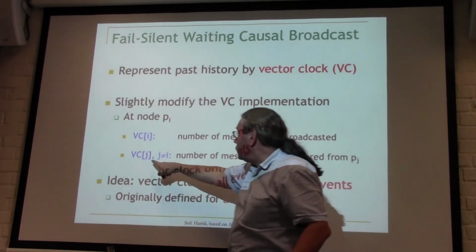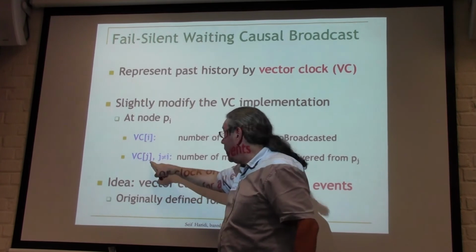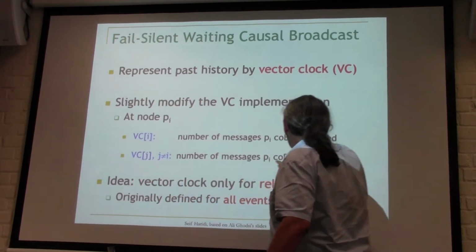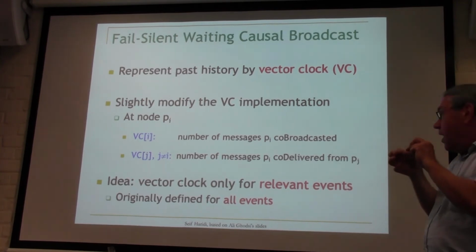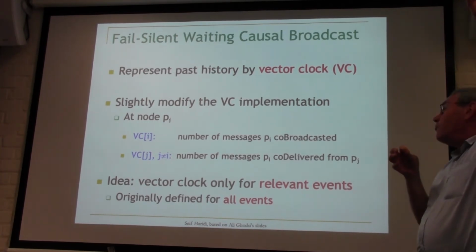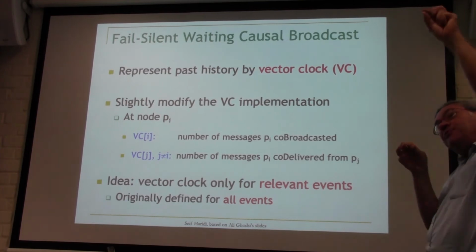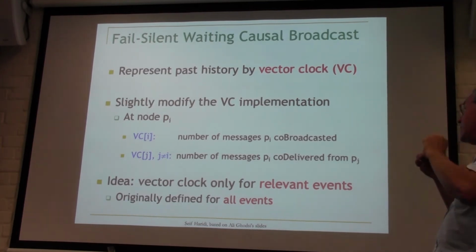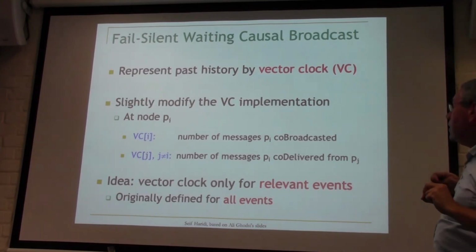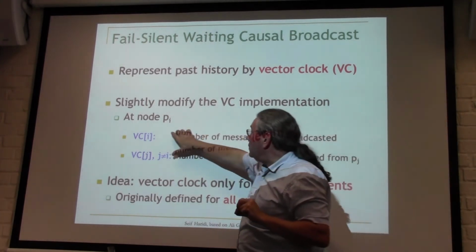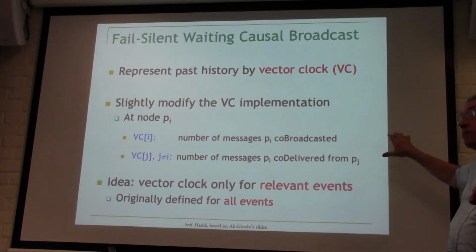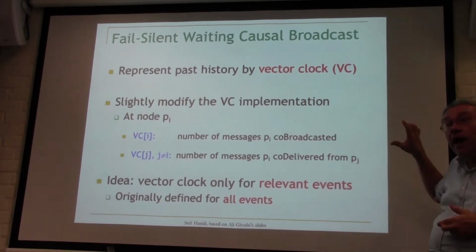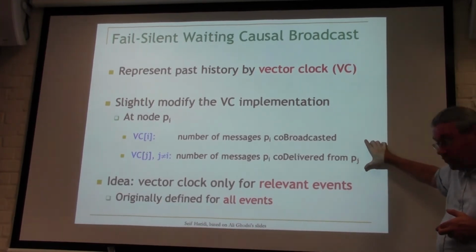And the element of the vector clock for another index j is the number of messages that node i has gotten from node j. So it knows that there are at least that many causally preceding. So I'm counting all the causally preceding messages that were broadcast from all the nodes.